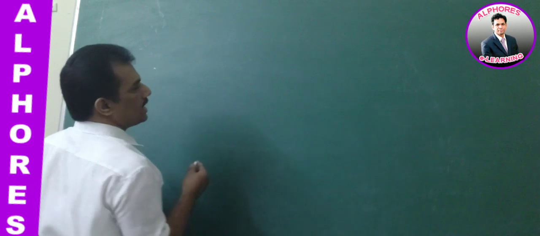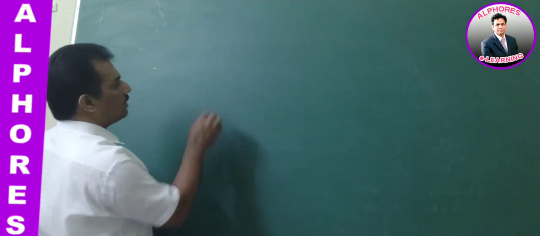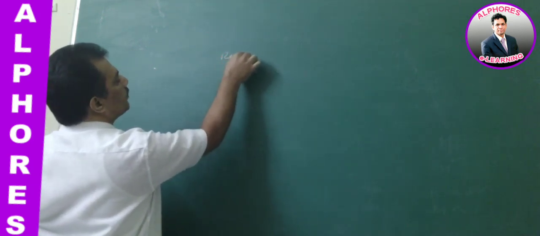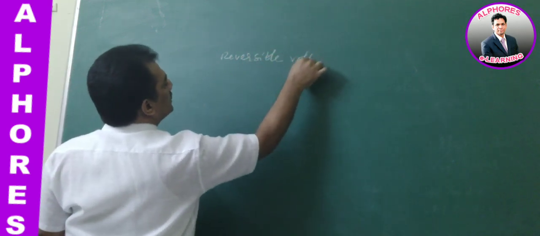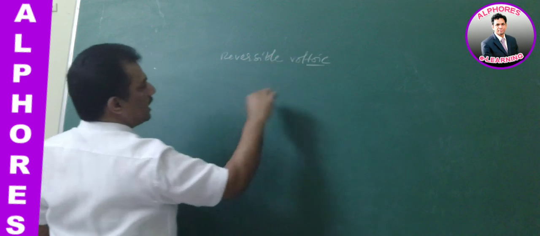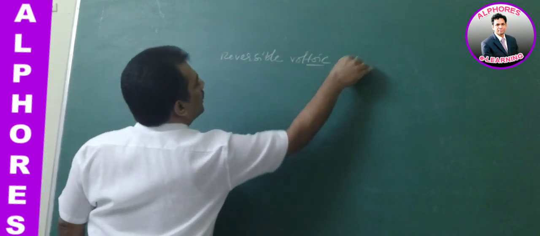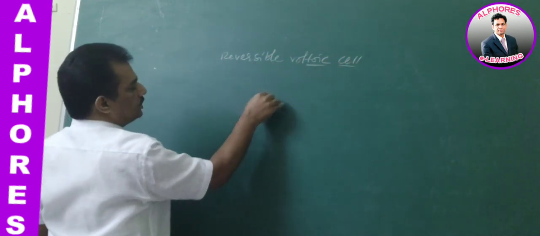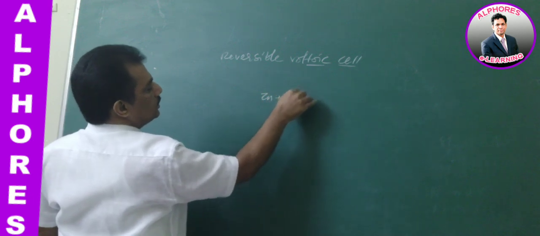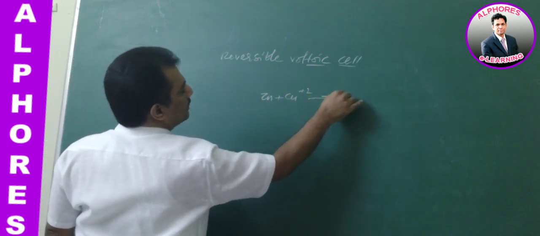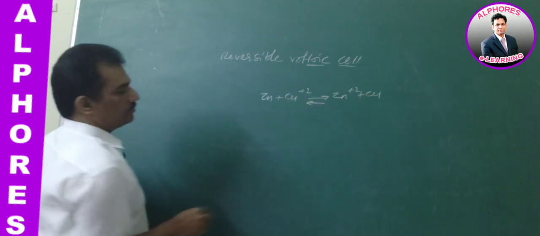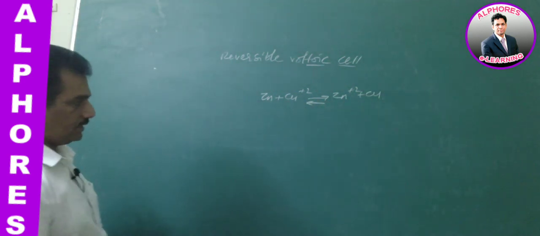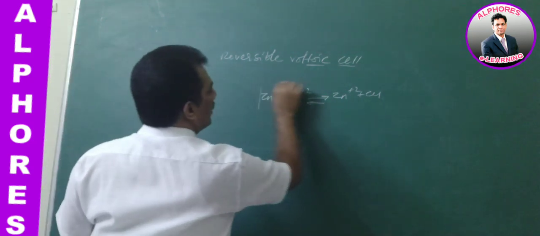So now let us have some ideas about the reversible voltaic cell, where the cell reactions are reversible. For example, zinc plus Cu plus 2 giving Zn plus 2 plus Cu. Actually it is reversible. How to know whether it is reversible or not?